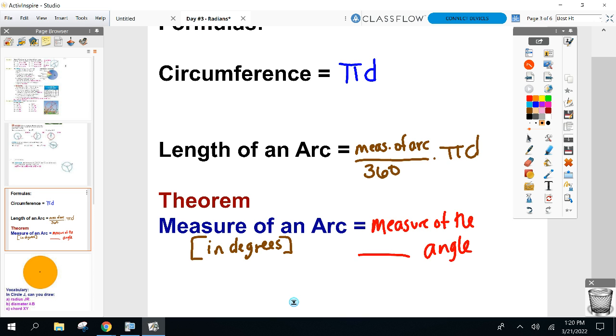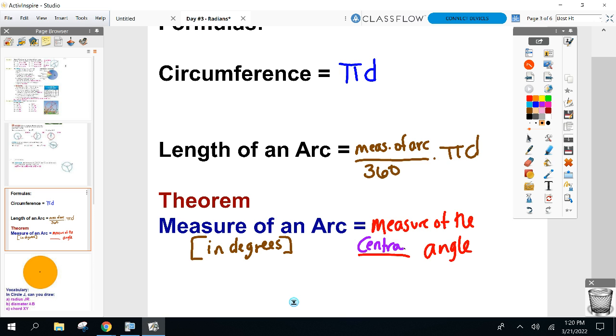I'm not even going to spot you any letters because you're better than that. Is it right there in that theorem box, right there on your left-hand side? What is the measure of its arc? What's the first part, though? Oh, central. There you go, central angle.